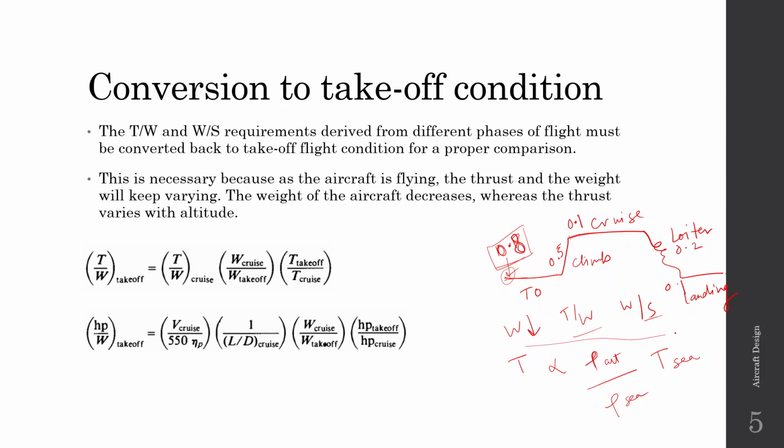So the thrust to weight ratio at the cruise phase, you have to convert those values back. Let us say your T by W at cruise phase is 0.1. Then 0.1 is approximately equal to air density at that altitude by air density at sea level, into thrust at sea level. From this you have to find what will be the thrust required at sea level.